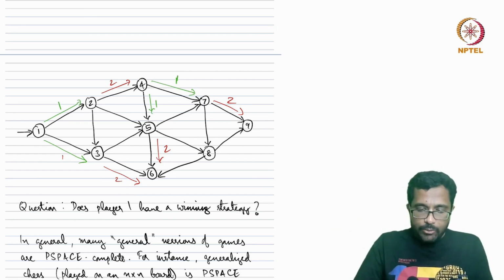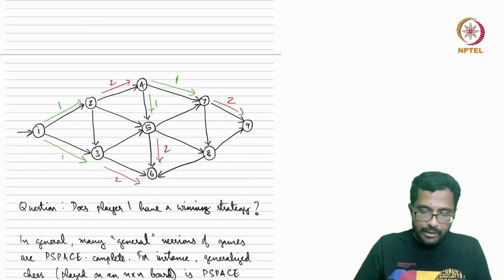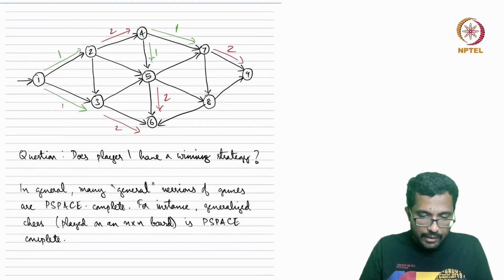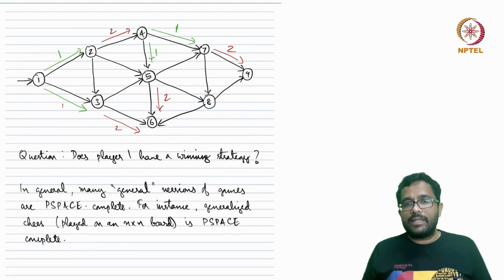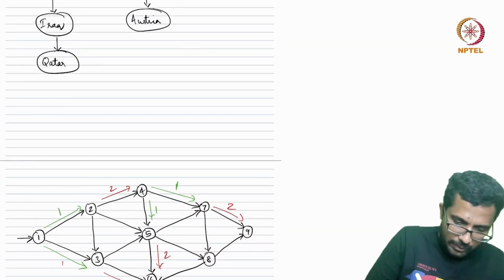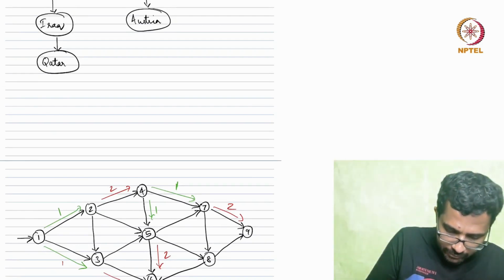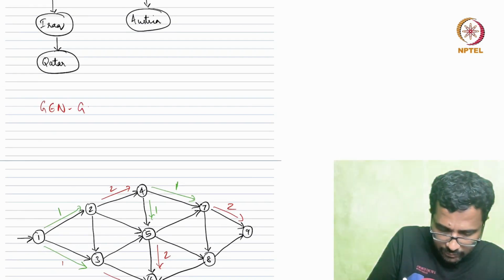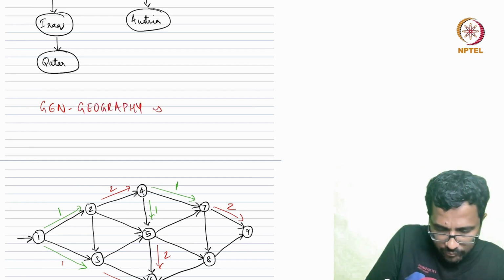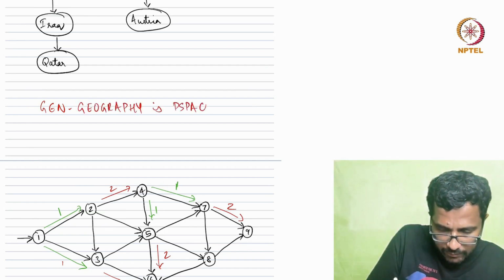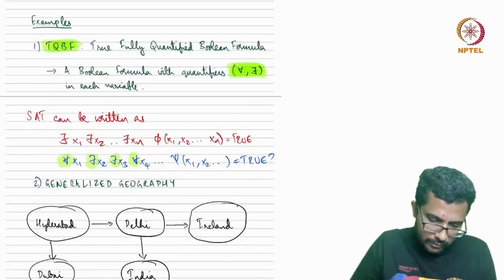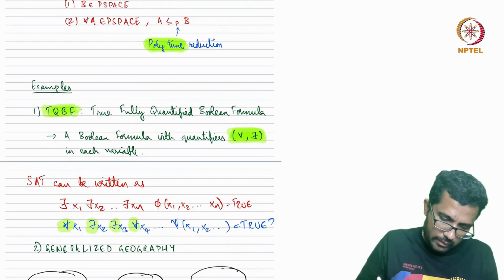So the question is, does player 1 have a winning strategy? And this happens to be a PSPACE-complete problem. In fact, many games are PSPACE-complete. So I'll maybe write here: generalized geography is PSPACE-complete.